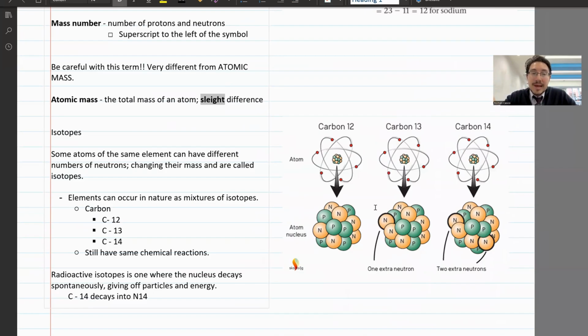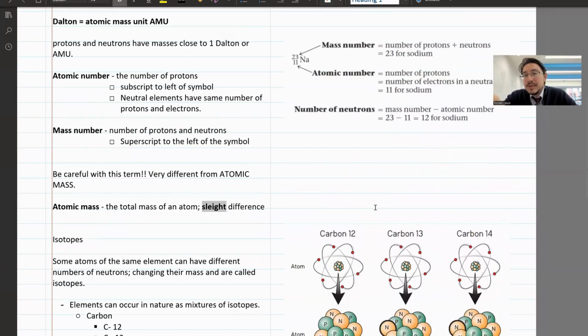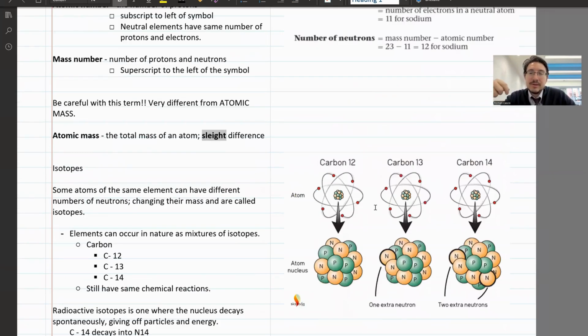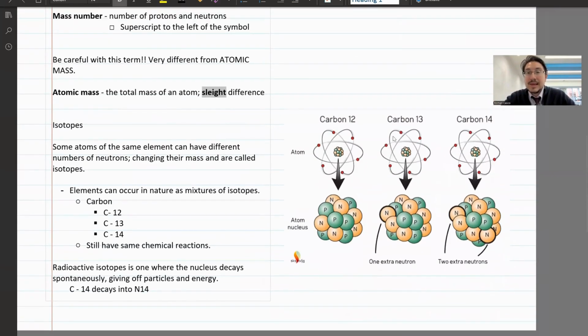So an atomic mass is essentially the average of all the different forms of carbon, of these isotopes, which scientists calculate with their relative abundance on Earth. So what would be, let's say, 23 for sodium could be 22.98976, depending on the relative abundance of these different forms of sodium. And the same thing goes for carbon, and all the elements. Okay, so make sure you keep that in mind.